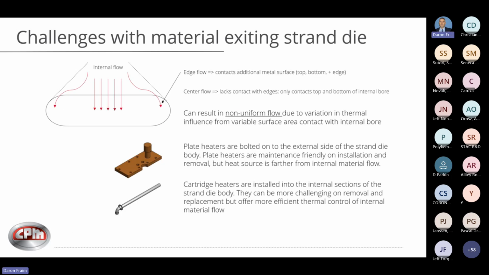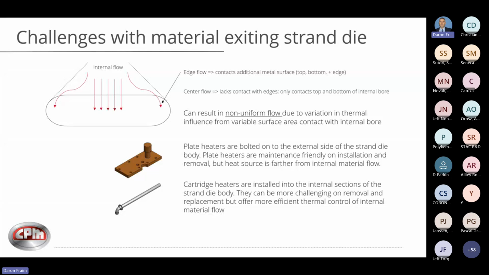Another challenge a lot of times in the strand manifold or the body is, when you think of edge flow versus center or internal flow, there's a tendency to see some stagnation on the edge. That's because of the contact.